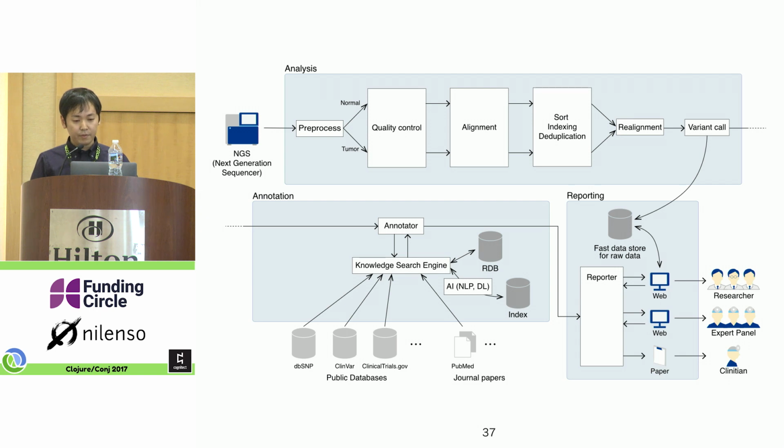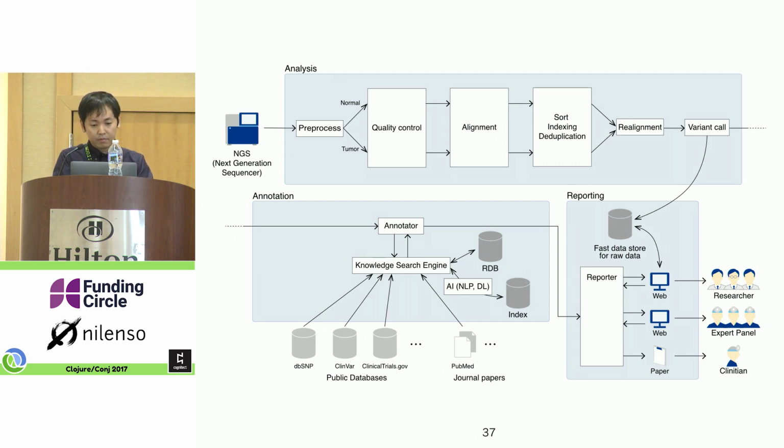This is an overview of our system. The genomic data produced by NGS is split by pre-process. The normal and tumor data pass through these 3 processes, and they are integrated, and the variant information is analyzed.